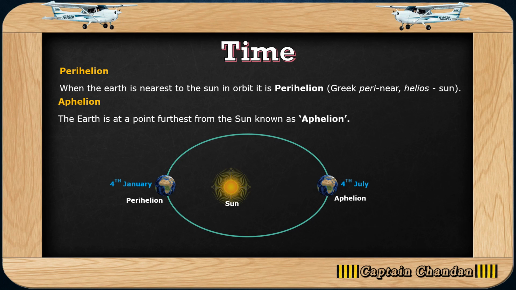So both points are important for the DGCA exam. 4th of January, that is perihelion, and 4th of July, that is aphelion. And the distance from earth to sun at perihelion will be 91.4 million statute miles. And the distance from earth to sun at aphelion will be 94.6 million statute miles. Remember both terms.